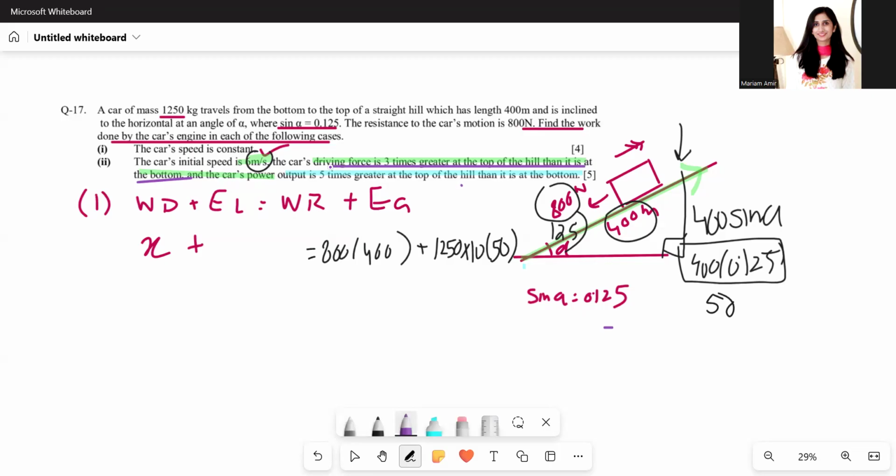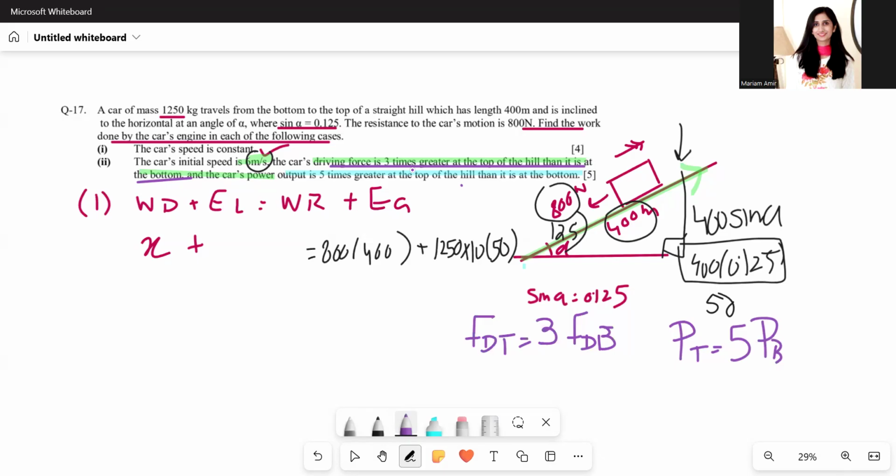Let me reread that. The driving force is three times greater at the top, so driving force at the top is three times the driving force at the bottom. And power output is five times greater at the top than at the bottom.